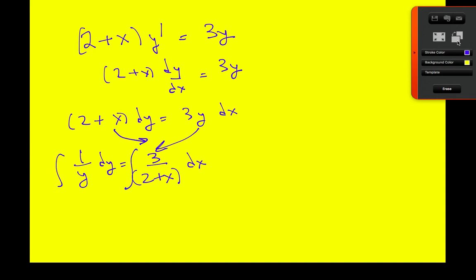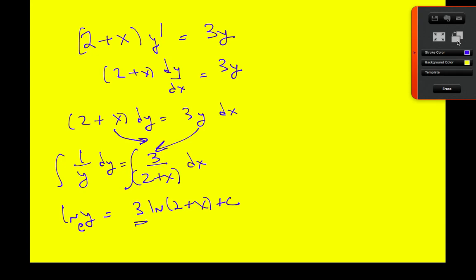Integrate. Now what's going to happen here? Gosh, I got to think about it for a minute, but e to the ln, I believe this 3 is going to mess us up a bit.